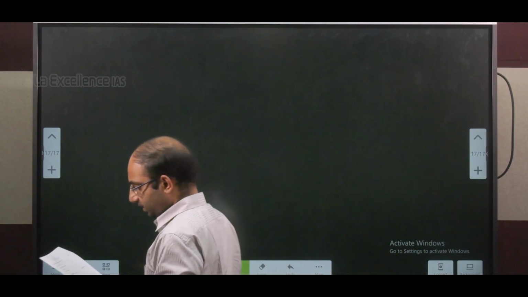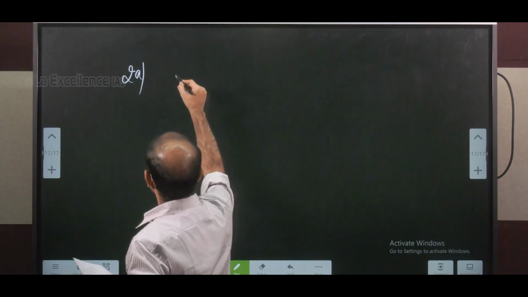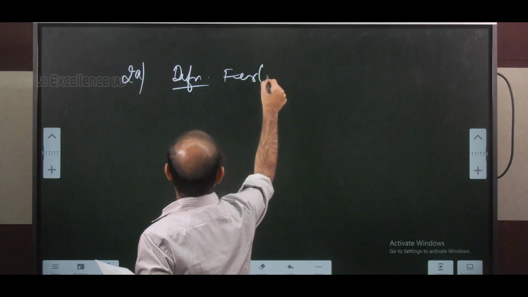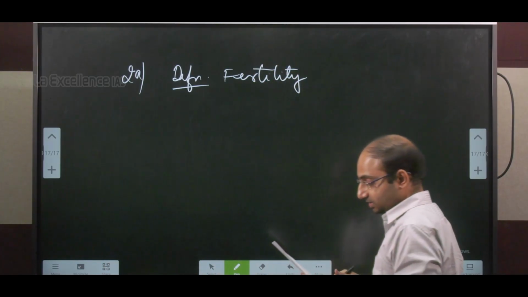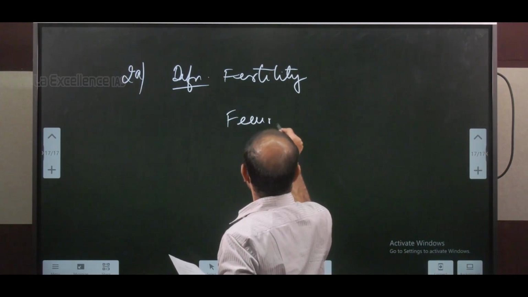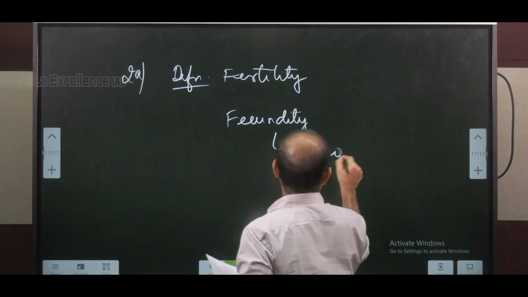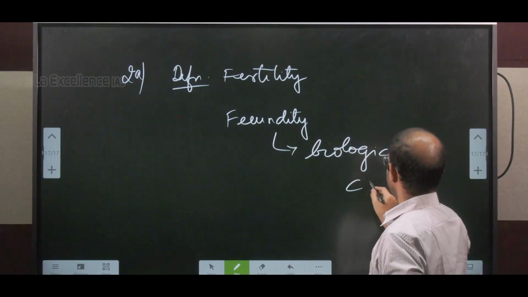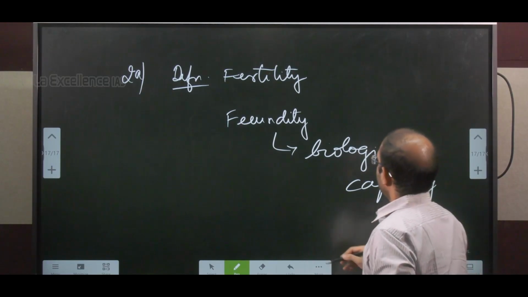Next concept is fertility and fecundity. This is very easy, so we don't have to go into great detail. First, define fertility as well as fecundity. Fecundity is the biological capacity to reproduce.